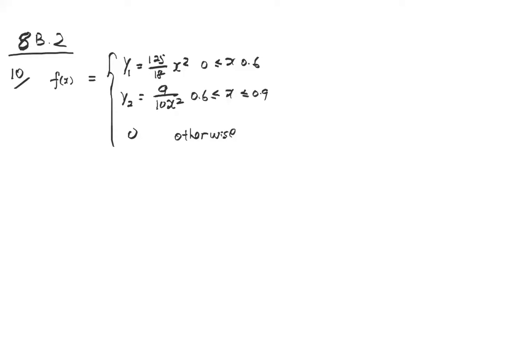x cubed, x squared, correct. 125 x. Okay, sketch the graph. Faster, sketch the graph, try.